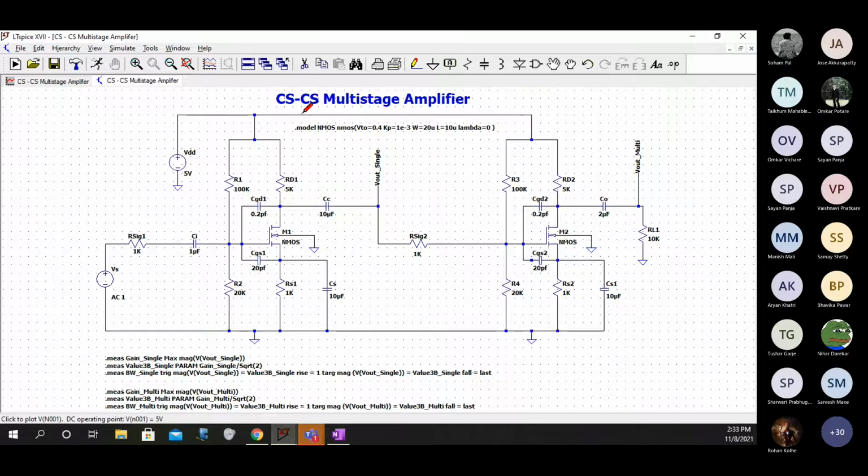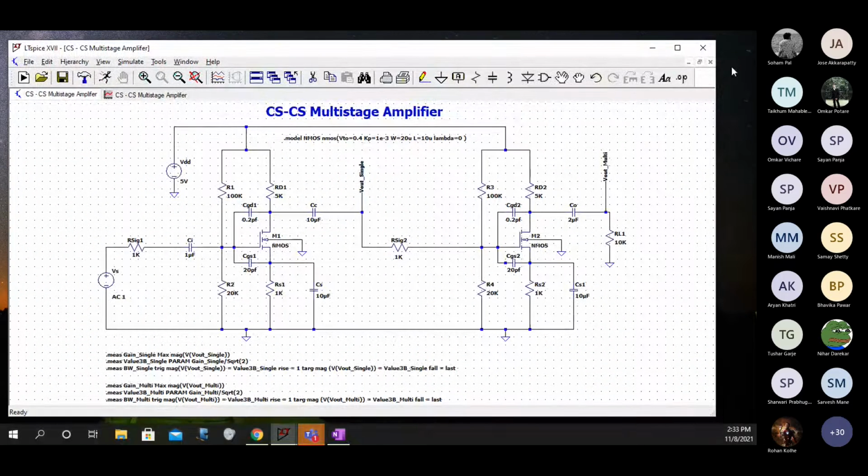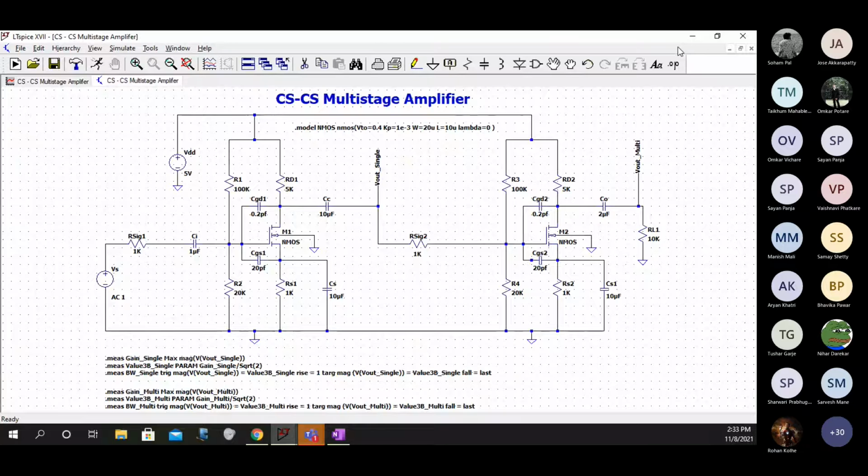So I'm waiting for all of you to post the circuit. So I think you will be taking some time to put this dot measure commands.